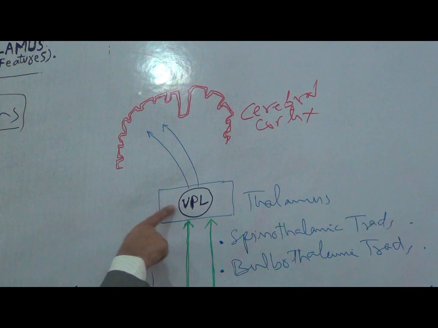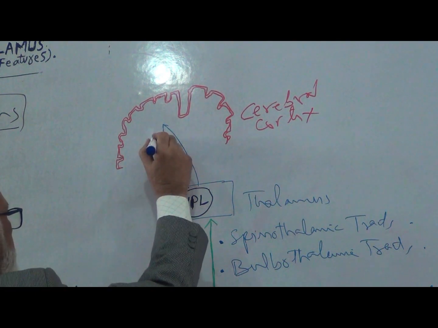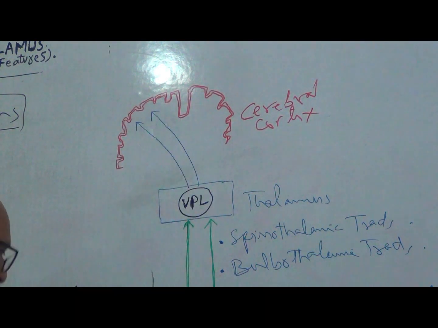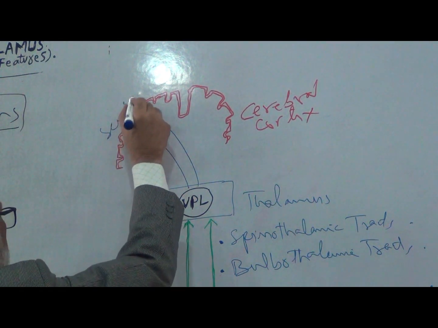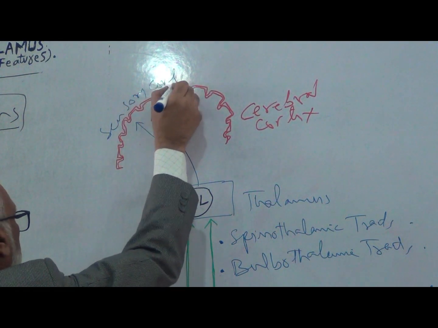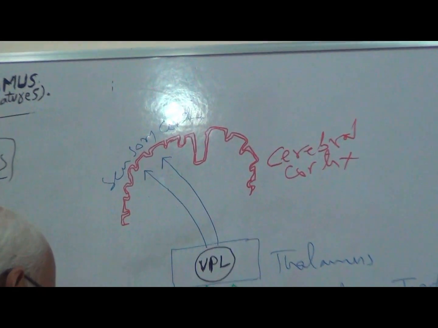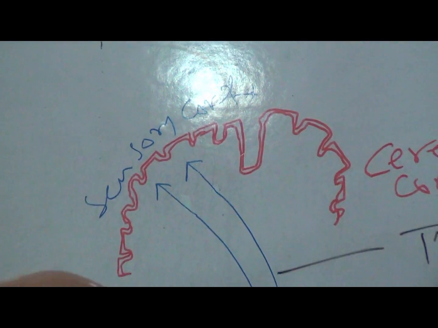From the ventral posterior lateral nucleus, these sensations are carried to the cerebral cortex. They project to the sensory cortex of the opposite cerebral hemisphere, again via tracts, that is thalamocortical tract.